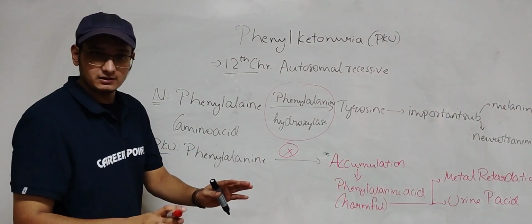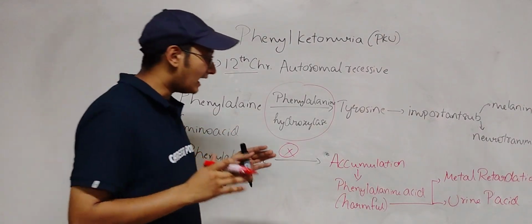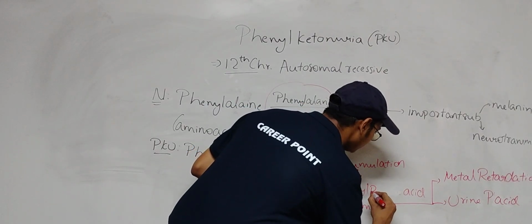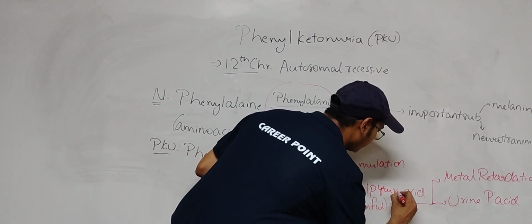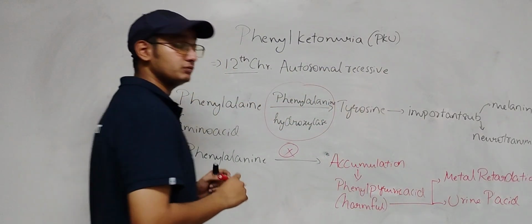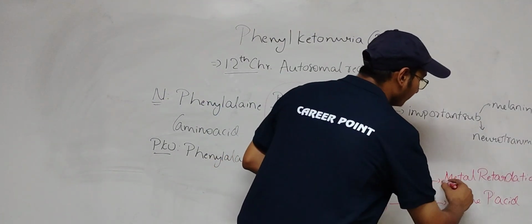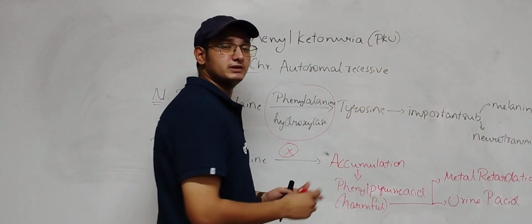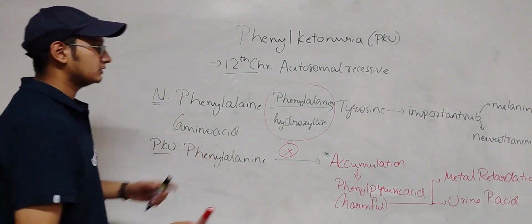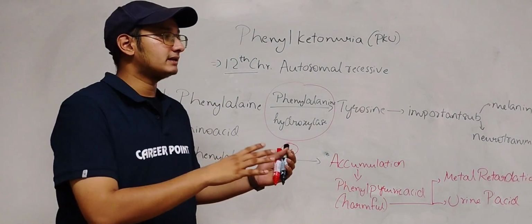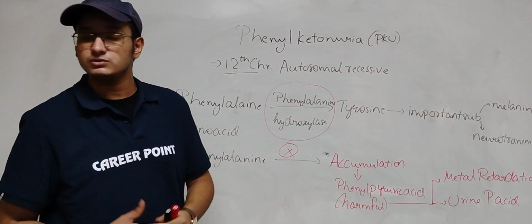Phenylalanine will remain, accumulate, and form phenylpyruvic acid, which is harmful, and this leads to mental retardation and urine with pyruvic acid. So that's it about phenylketonuria, and we will discuss the remaining disorders in the next video.